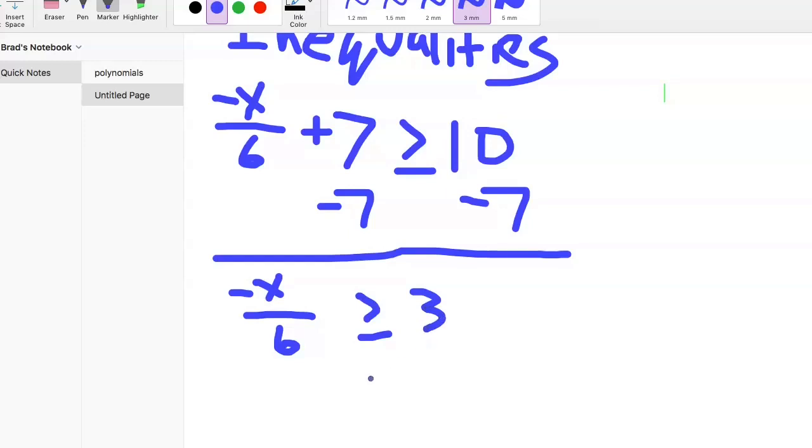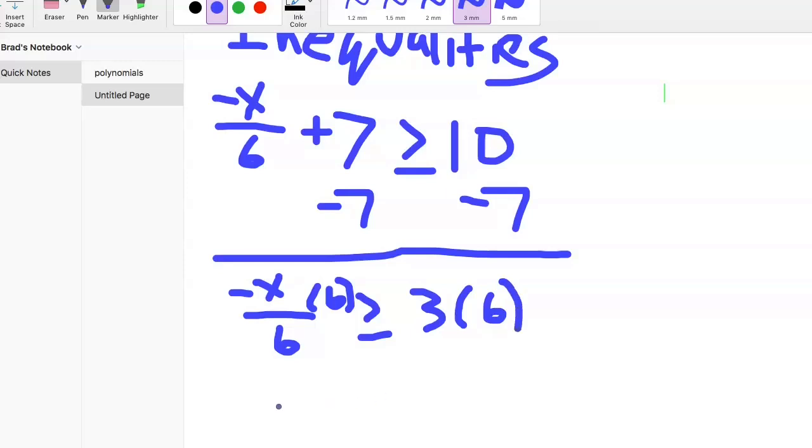Okay, and then we have to know how to get rid of the 6 when it's in the denominator, when it's this bottom number. Whenever you want to do that, you just need to multiply by that number and do it on each side. So here, we'll multiply by 6, and then we'll do the same thing over here, multiply by 6.